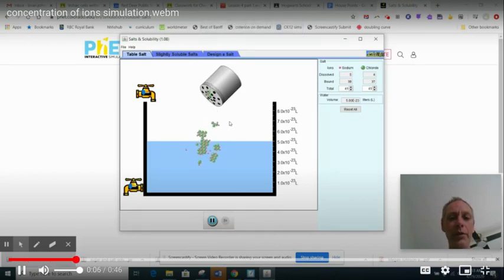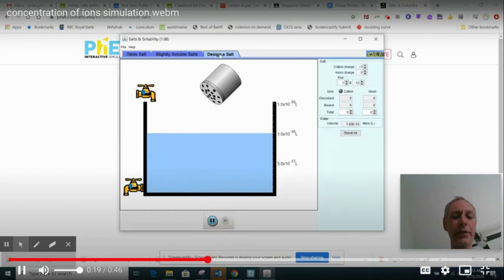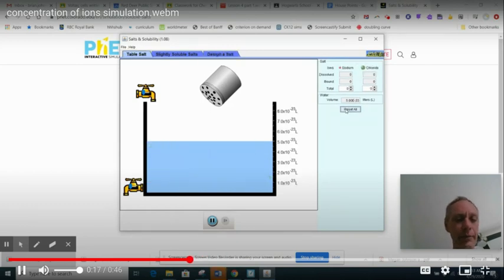So solid chunk of NaCl, and it was 0.41 mole per liter NaCl, and you can see that we get 0.41 moles of Na+, 0.41 moles of Cl-. It's the same. I'm just going to back that up for a second and pause it. I can't really highlight them in the top right corner, but it's showing you 41 moles of Na+ plus 41 moles of Cl-.